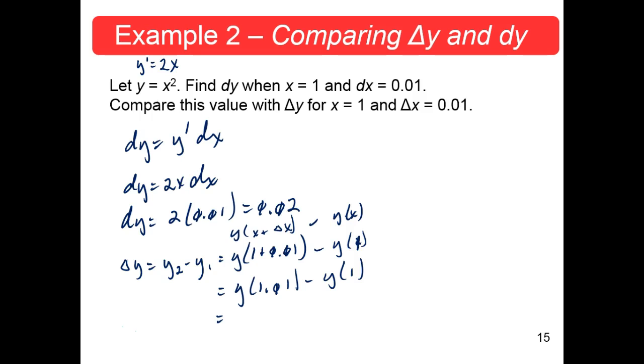Say again? Divide it? I thought you just plug it in. This is y of x is equal to x squared. Right? So how are you going to figure out what y of 1.01 is? Square it.